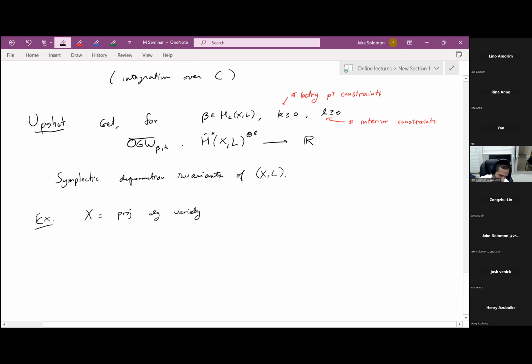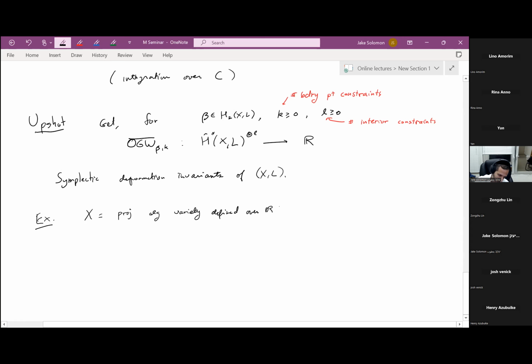Okay, this is not quite right either, but defined over R. And then you look at, maybe it's better to say, the restriction of scalars.